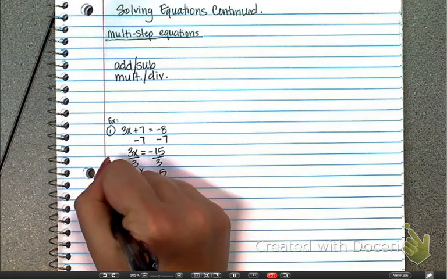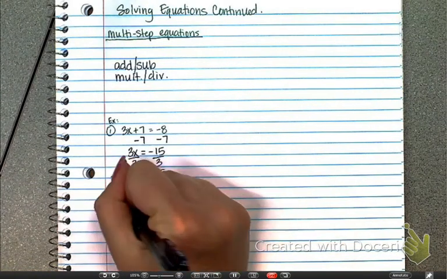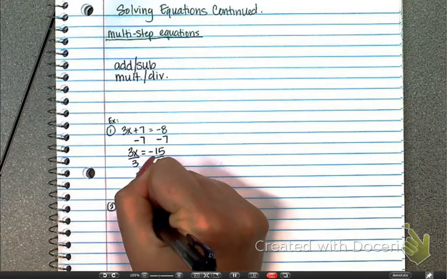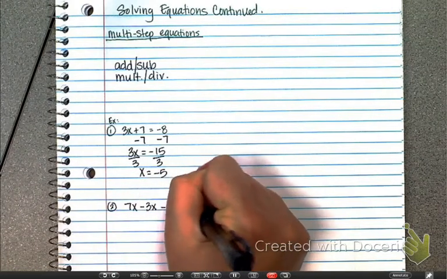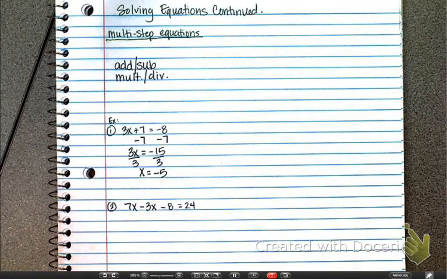What if I give you this problem? So what if I give you 7x minus 3x minus 8 equals 24? What would you do first? You would combine like terms, right?